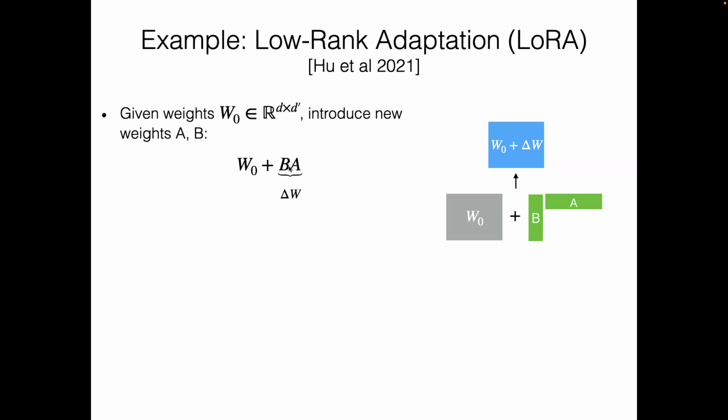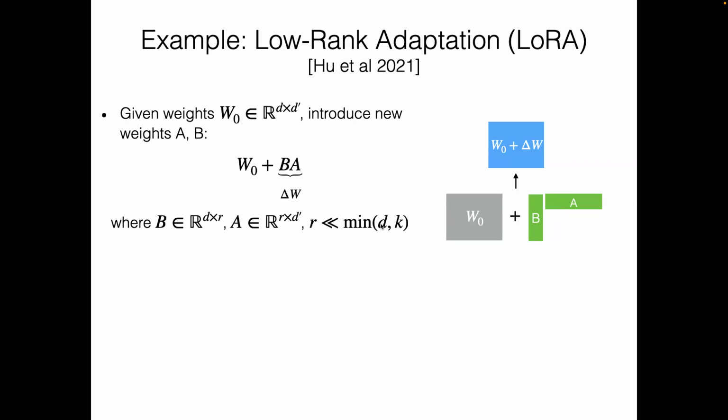Now, the key trick or the key idea of LoRA is you could take a look at the dimensions of these two matrices you introduce. And in particular, there are these low rank matrices. So you could see here that this middle dimension is R. So R will be, visually, this very small dimension. And so if you multiply two matrices like this together, then you'll get one which is the original size, so D times D prime.